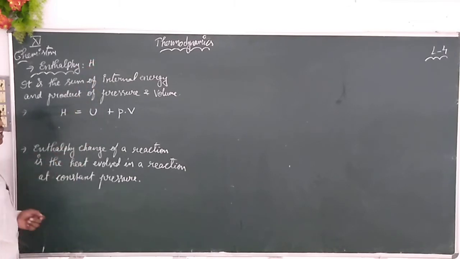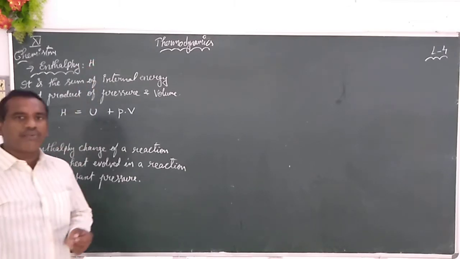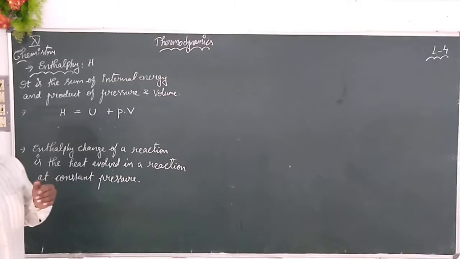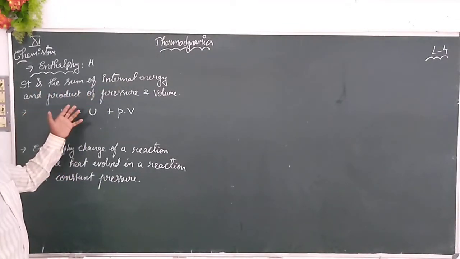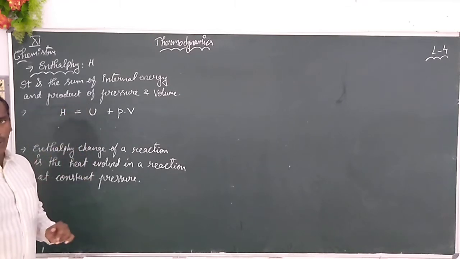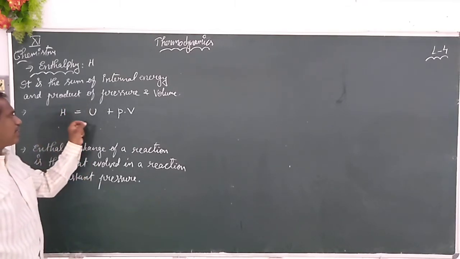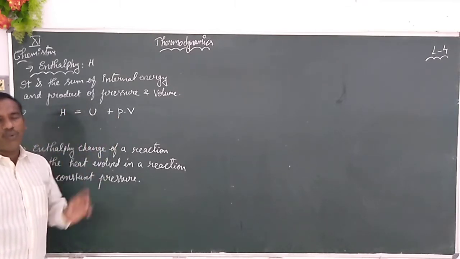Enthalpy is symbolized with H. So what definition do we give? It is the sum of internal energy and the product of pressure and volume. Enthalpy is the sum of internal energy plus the product of pressure and volume.